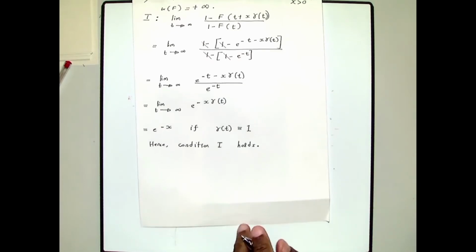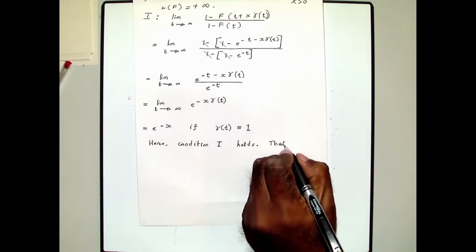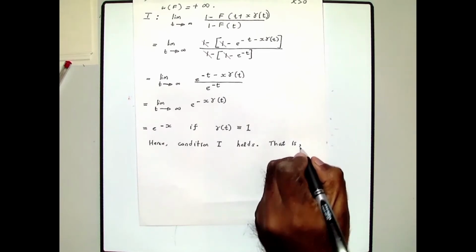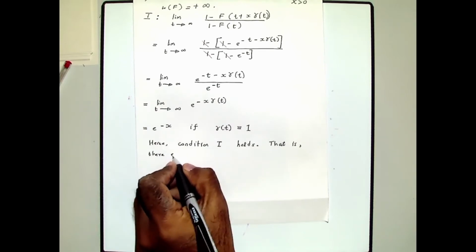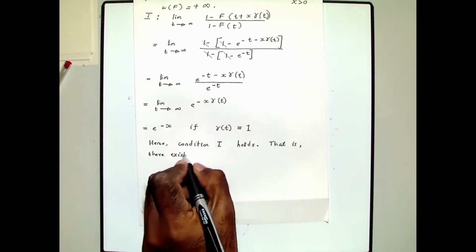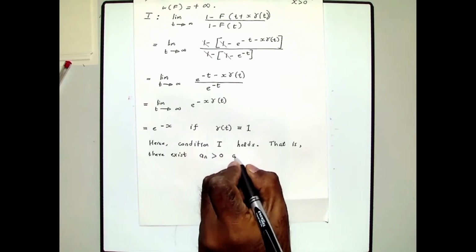Okay, so which means that it's the same as saying that there exist two constants an and bn.